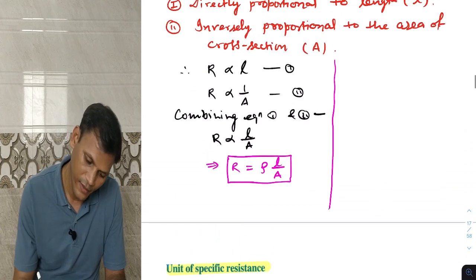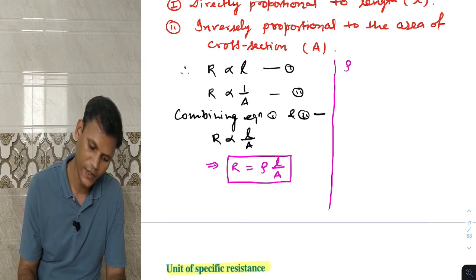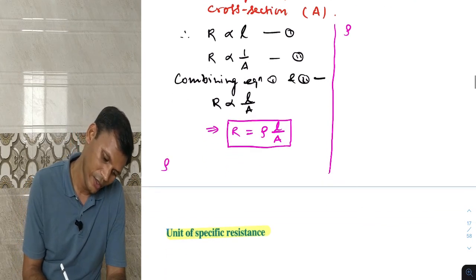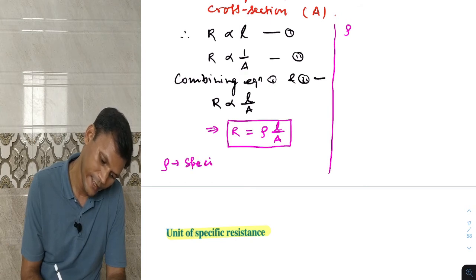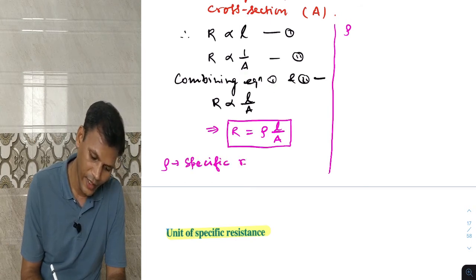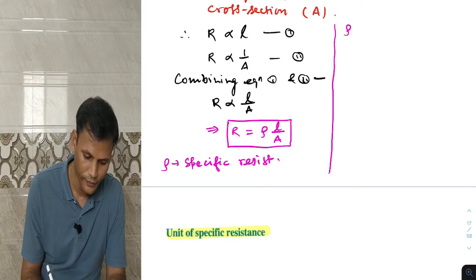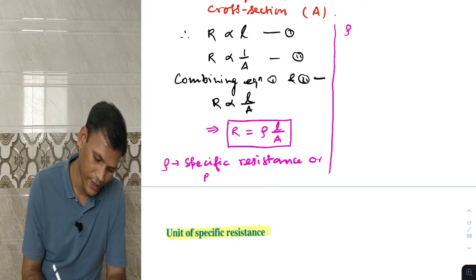Rho is the specific resistance or resistivity.